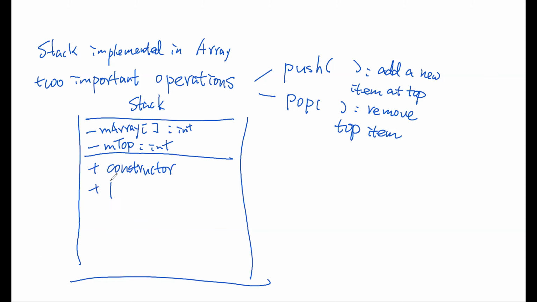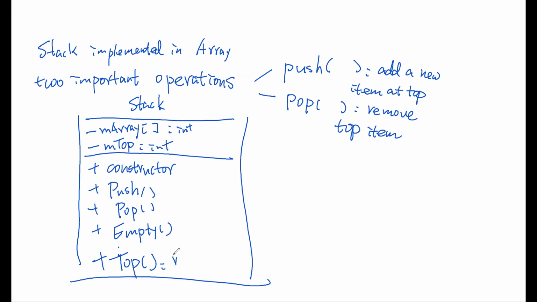Then we have the push operation, and the pop operation. Generally speaking, we are also interested if the stack is empty. And later on we may add other operations, we also have the top operation.